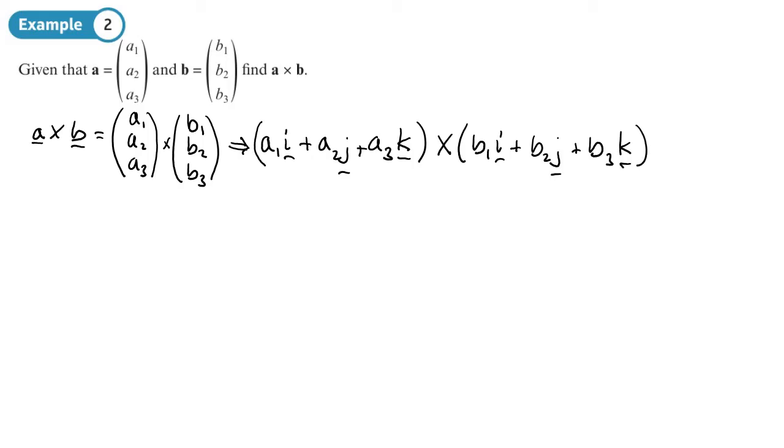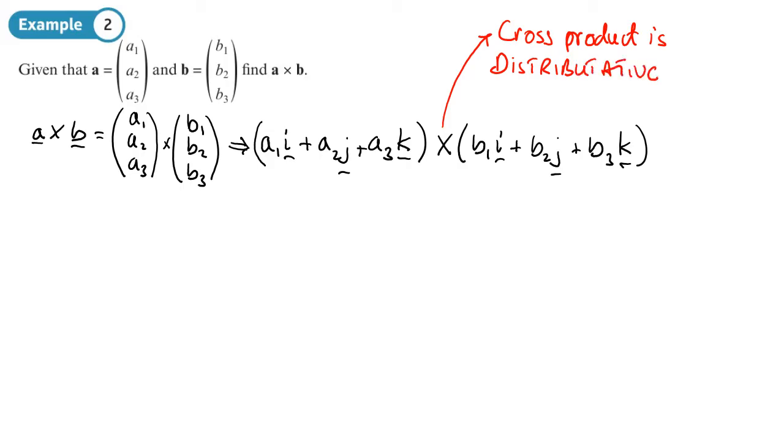Now the way we're going to do this is use the fact that when we work out the cross product, it is distributive. What that means is you could think of it like expanding brackets.